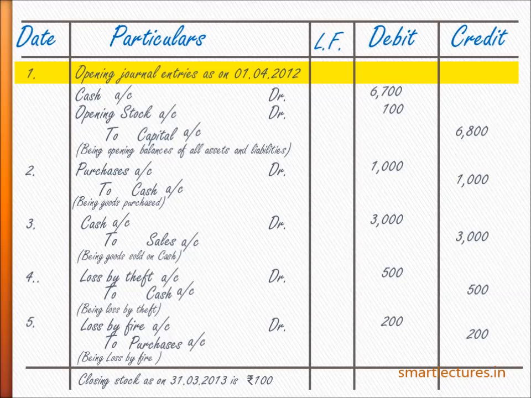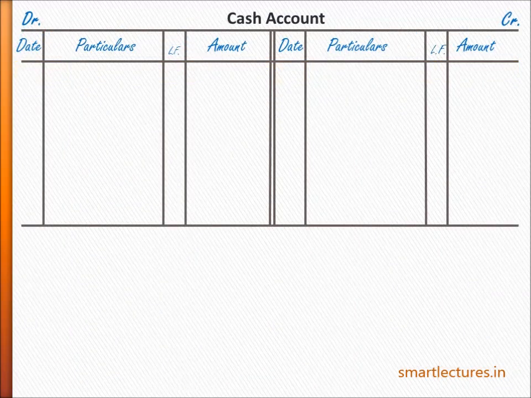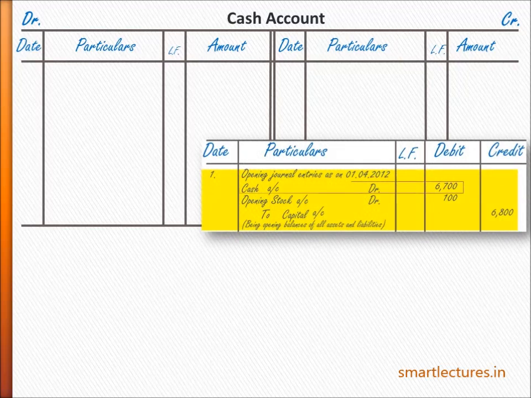So first of all, open the cash account. So we have to debit 6,700. So write down on debit side 6,700 and the date will be, because this is the opening entry, you will write down 1st April 2012. So what will we write on the debit side as narration?